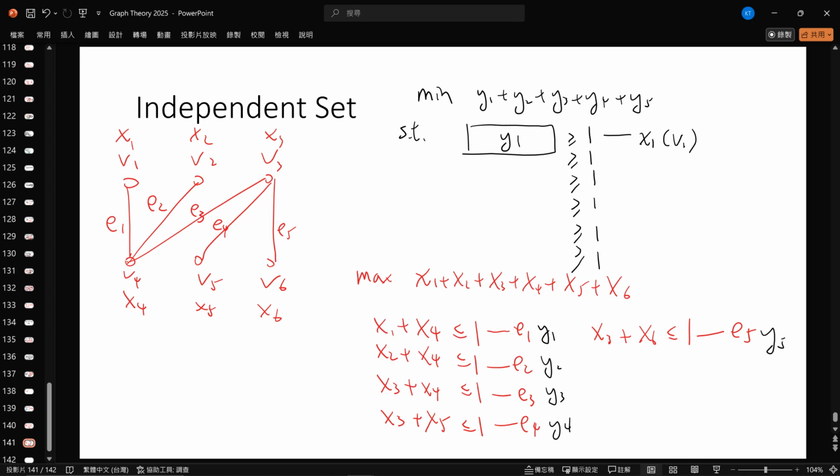Okay, and next, the coefficient of x2. Okay, so once again, x2 only appears in one constraint, the constraint for E2. Okay. So we have y2 in the left-hand side.